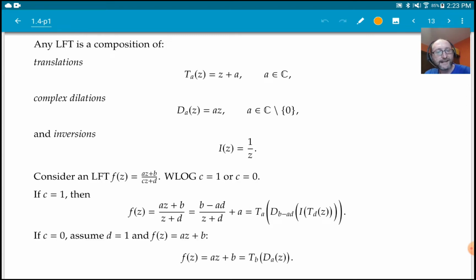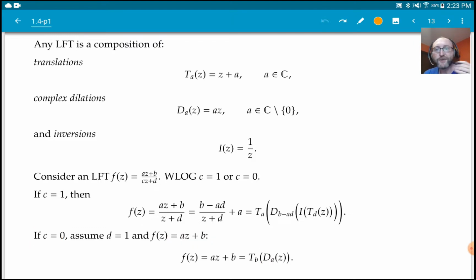So that guy is a composition. Now for C equals 0, when we really have just az plus b, that one's easy. I dilate by A. If this is an LFT, A can't be 0, so that's a valid dilation, and I translate by B, and I get az plus b.